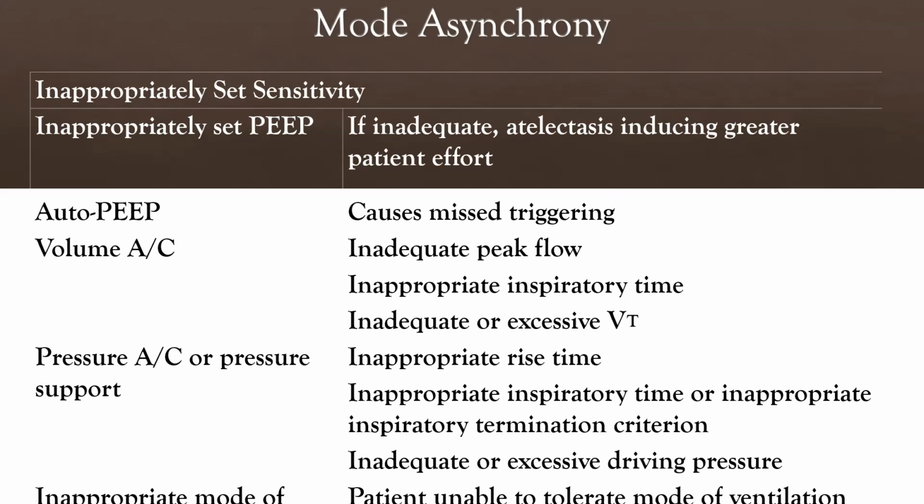Okay. When you're in volume control, you might not have enough peak flow, and that might give you an inappropriate inspiratory time. In pressure control, you might have inappropriate rise time, or your inspiratory time may not be set correctly.